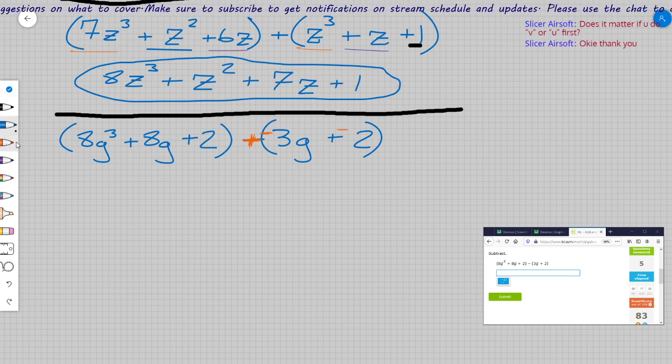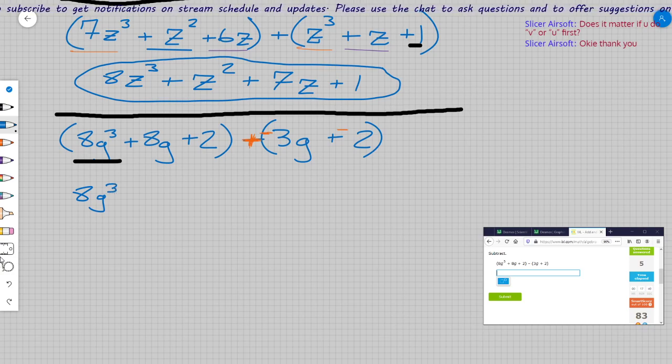So we only have one g cubed, so I'm just going to go ahead and write that. So 8g cubed. We don't have any g squared, so we're good. So let's move to our 8g and negative 3g.